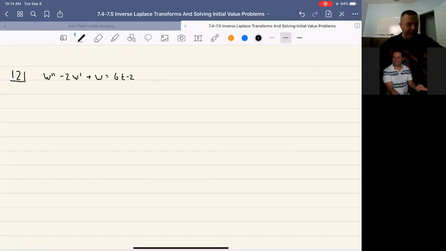Doesn't seem too crazy, but what changes up is we have w of -1 equals 3, and w prime of -1 equals 7.